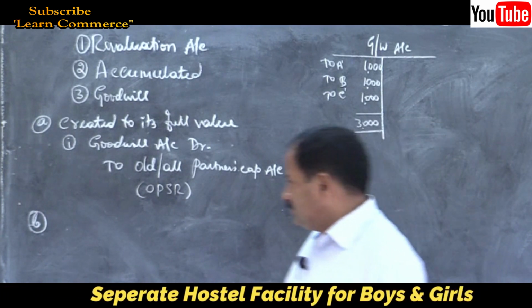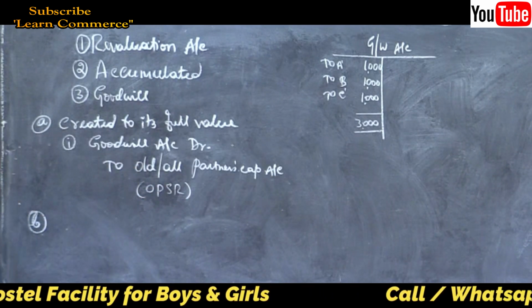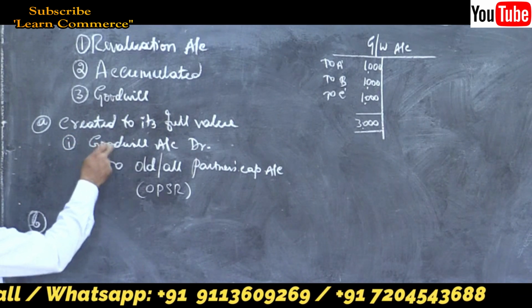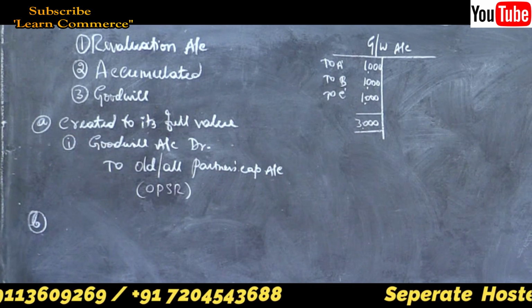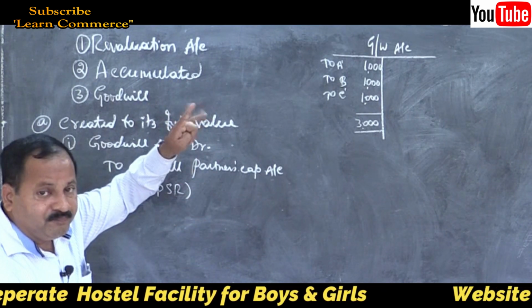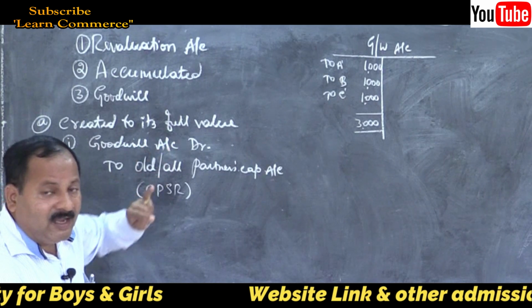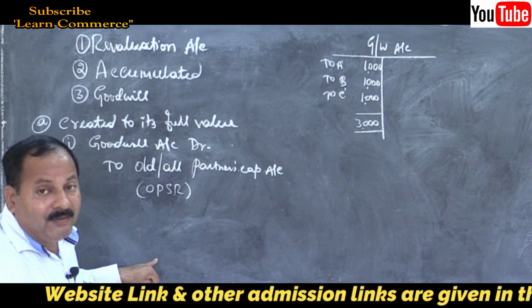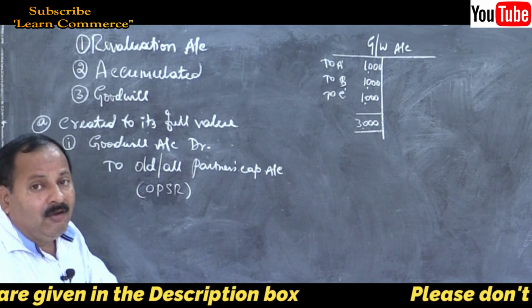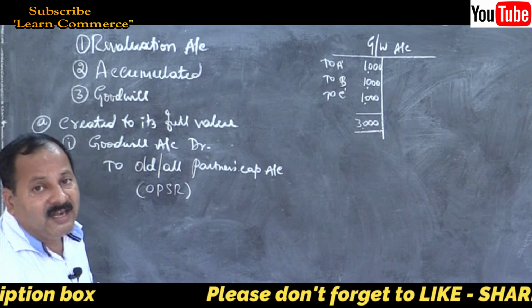That means we will create goodwill like under the first method. The same entry we will pass. We will create goodwill in the books of the firm to its full value, and we will write it off. That means goodwill will not appear in the new balance sheet.